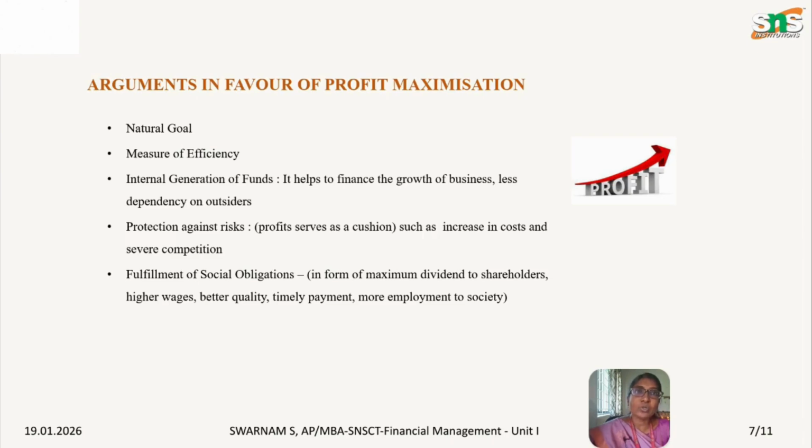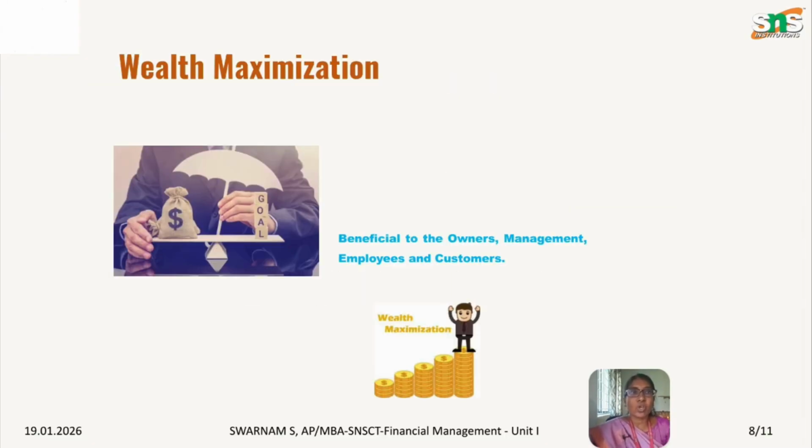If the company is going well, obviously all the stakeholders dependent on the company would benefit because of profit maximization. The next concept is wealth maximization. Wealth maximization is beneficial to the owners, management, employees and customers; all these aspects are considered.